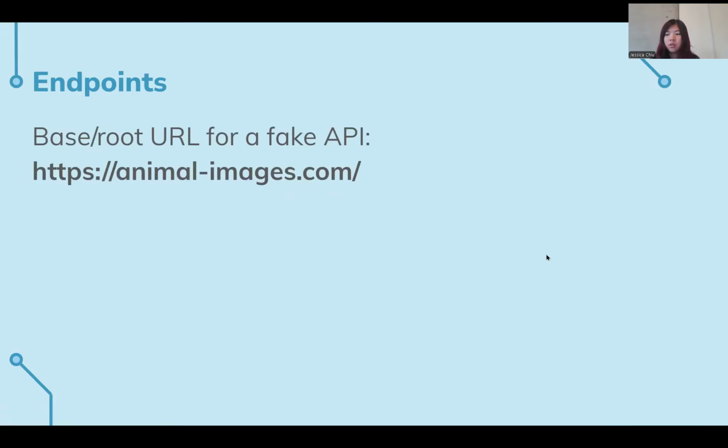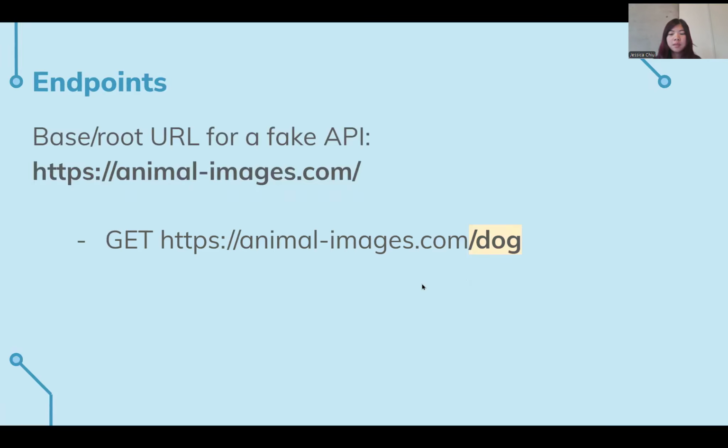Let's look at this example. Let's say the base URL for an API is animalimages.com. An example of an endpoint would be, let's say, dog. Maybe that endpoint gets you a dog image. You would put slash dog on the end of your URL, and that would get you a picture of a dog.